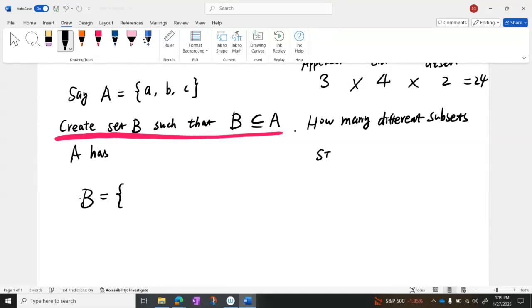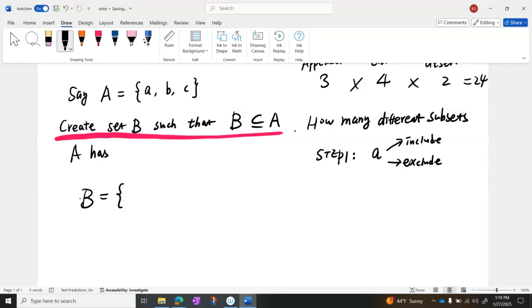The first step, we look at the first element in set A, which is little a. How many different options do we have here when we create set B? We consider, are we going to include or exclude?